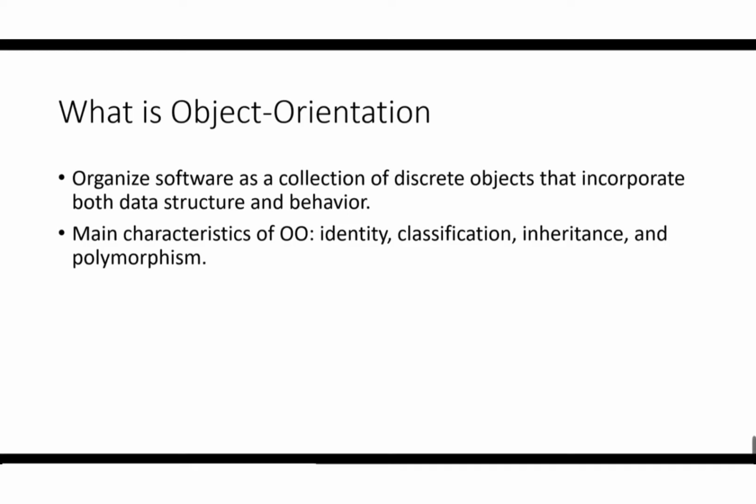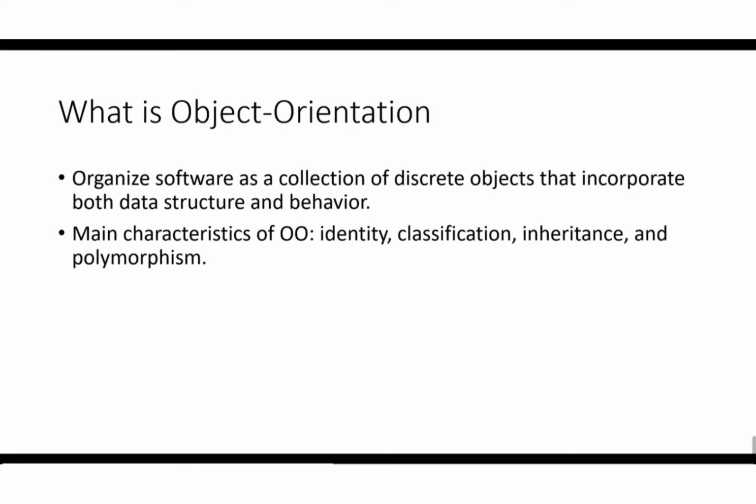Actually, object orientation means that we organize the software as a collection of discrete objects that incorporate both data structure and behavior. So, what is the difference with the traditional techniques?